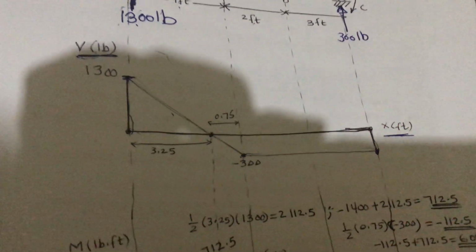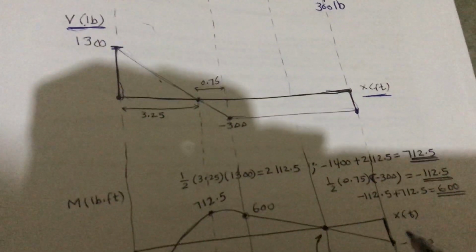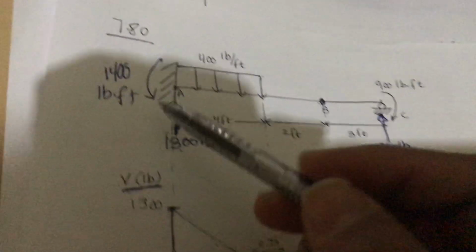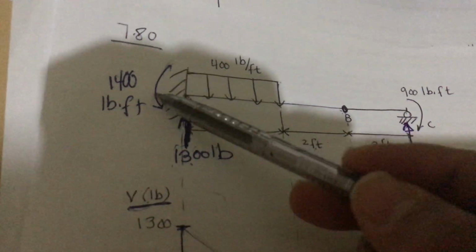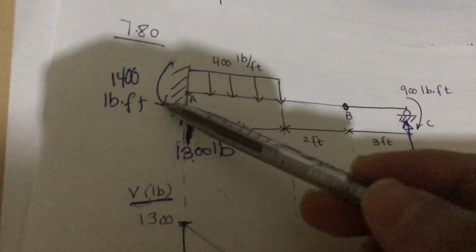Okay, so the way we do it now to find the moment is to do it from here. We should find, is there a moment here? 1,400. Look at this. This is, of course, like going plus, but we're gonna assume it's negative.